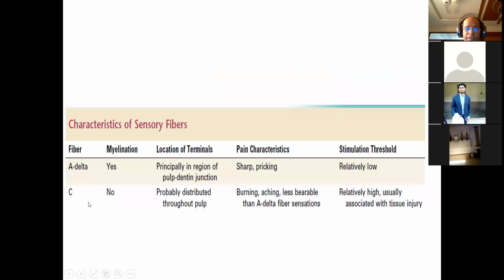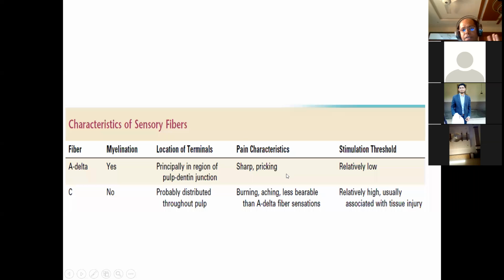So here you can see A delta fibers are myelinated, and C fibers are not myelinated. The A delta fibers are located at the periphery, and C fibers are probably throughout the pulp, but mainly at the center, the core of the pulp.